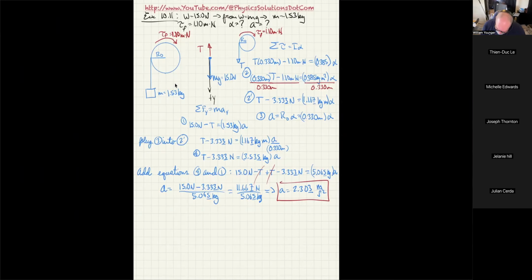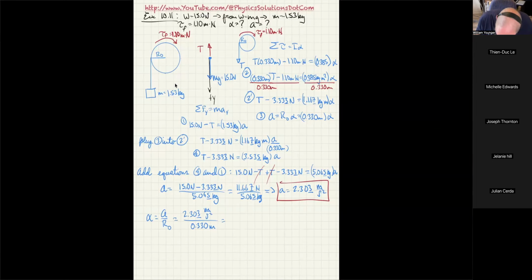Okay. Now that we have that, we can go back and figure out what alpha is, for instance. So, for instance, alpha is equal to A over R0, which equals 2.303 meters per second squared divided by 0.330 meters.